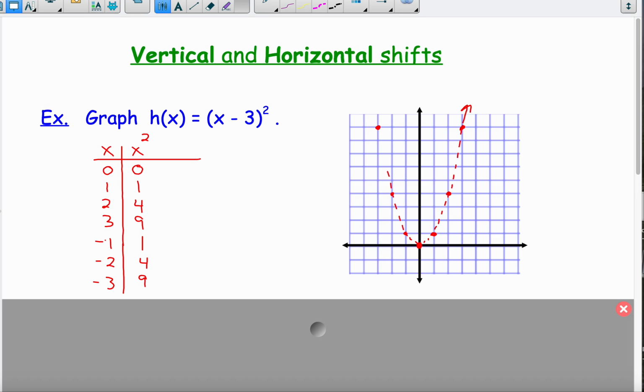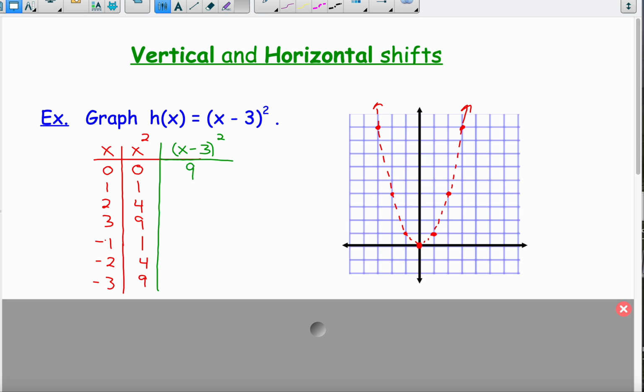That's our parent graph. So now we want to graph this new function, h of x, and see what happens when we plot these points. So I'm going to do (x minus 3) quantity squared. So when x is 0, I get negative 3, quantity squared gives me a 9.